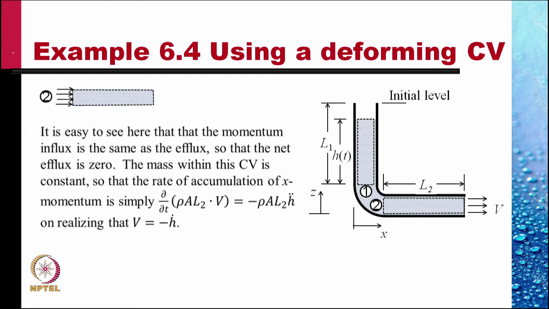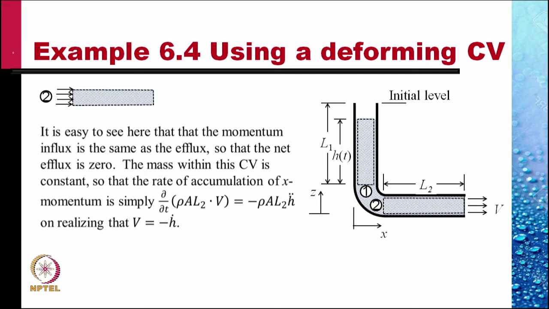And so the rate of accumulation is minus rho A L2 into h double dot, because it is ∂/∂t of the momentum contained within the control volume. The momentum contained within the control volume is rho A L2, the mass, times the velocity, and the velocity is minus h dot.